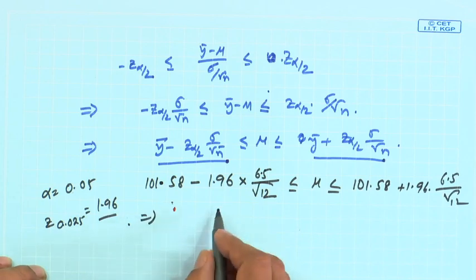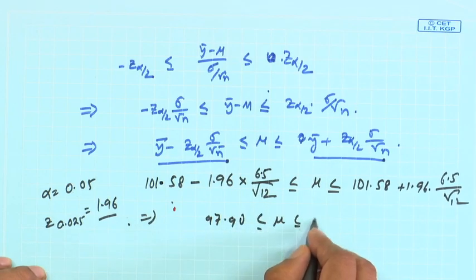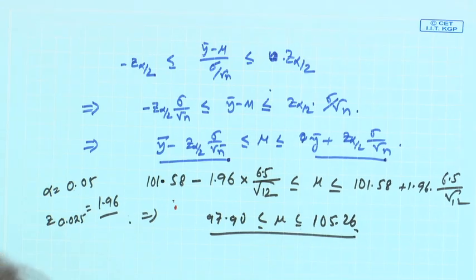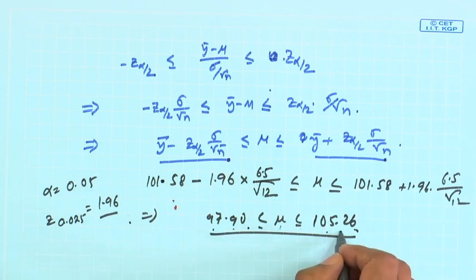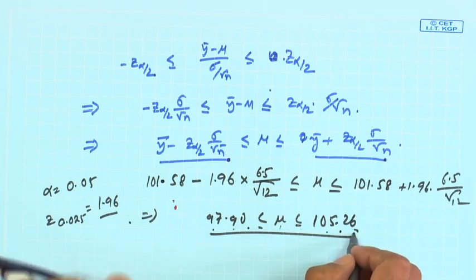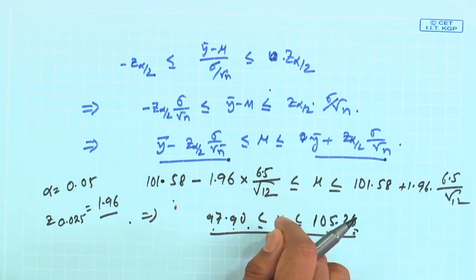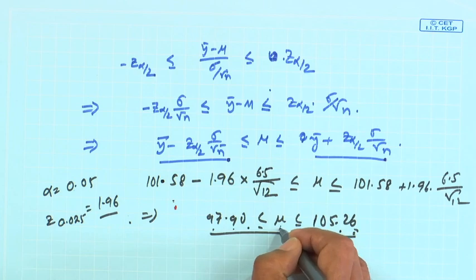So this quantity ultimately will give you 97.90 less than or equal to mu less than or equal to 105.26. So this is the confidence interval for mu. What does it mean? This interval, 97.90 to 105.26, contains mu with a confidence of 95%.